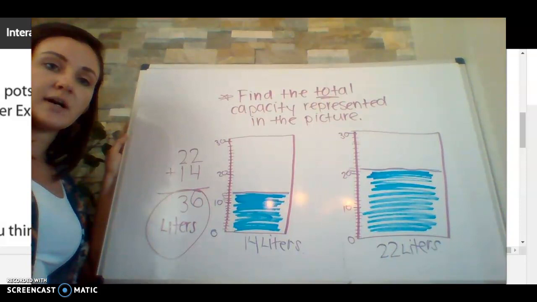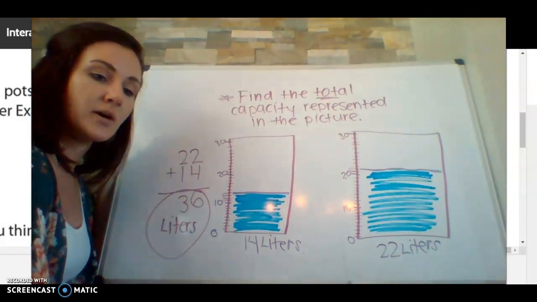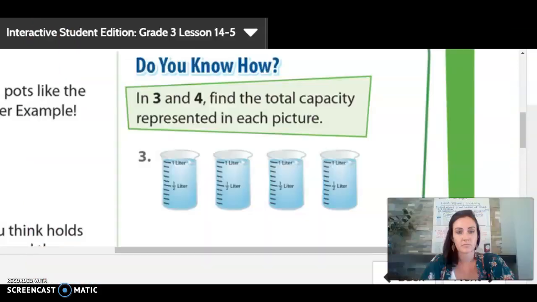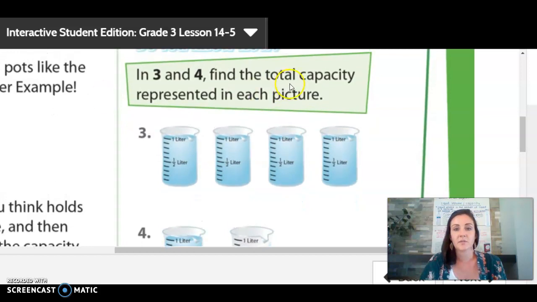All right, I'm going to have you try one more on your own before I let you go into your independent work. So here we have two that I want you to do on your own, and then pause it to solve. And then when you have solved, go ahead and push play and we'll go over these. Your first one, it says in 3 and 4, and I have one that's below here as well. It says, find the total capacity represented in each picture.